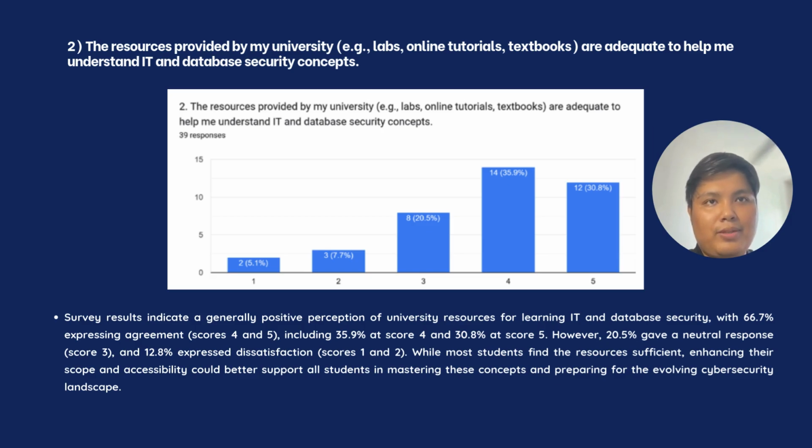However, 20.5% gave a neutral response, score 3, and 12.8% expressed dissatisfaction, scores 1 and 2. While most students find the resources sufficient, enhancing their scope and accessibility could better support all students in mastering these concepts and prepare for the evolving cyber security landscape.